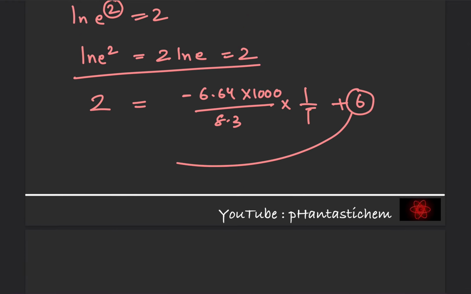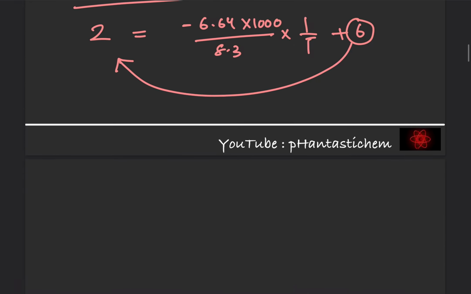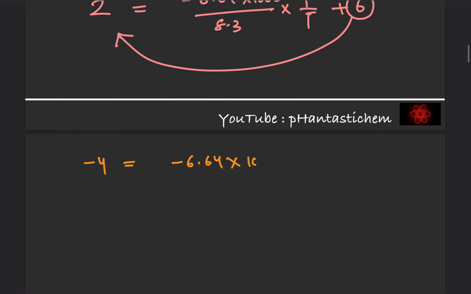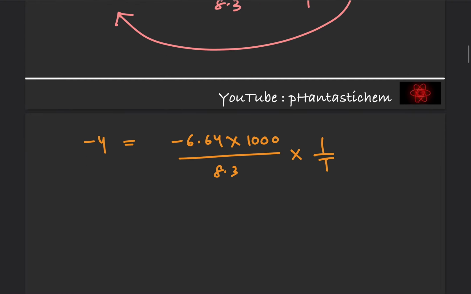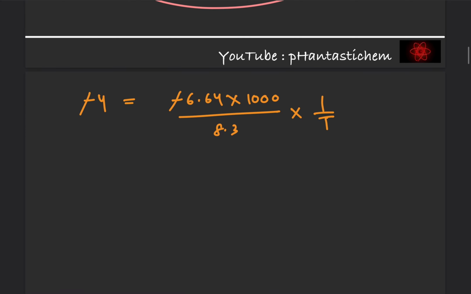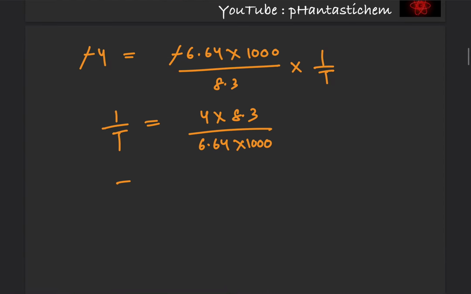Bring this 6 to the LHS, so this becomes minus 4 is equal to minus 6.64 into 1000 divided by 8.3 into 1 by T. Minus minus gets cancelled, so T is equal to 6.64 into 1000 divided by 4 into 8.3.